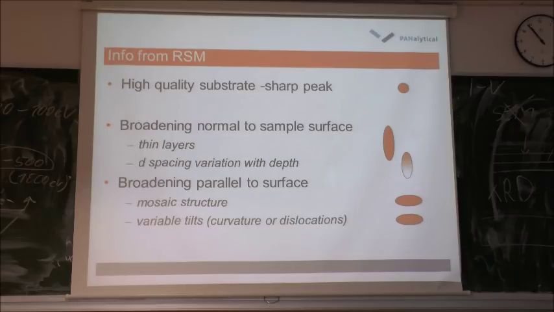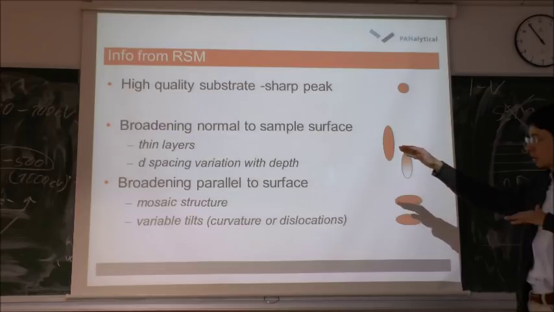If the broadening is observed in, let's say, this direction, vertical, then this can be related to the nature of the thin film. Basically, if you have a 3D lattice, then in the reciprocal space map, this 3D lattice can be represented just using a single point. Then, if you have a 2D feature, this 2D feature is represented with a rod in the reciprocal space.